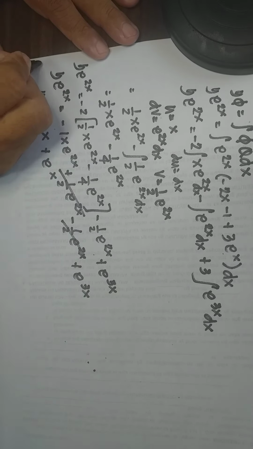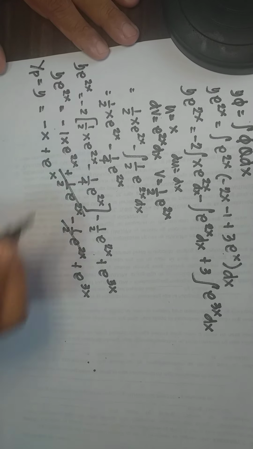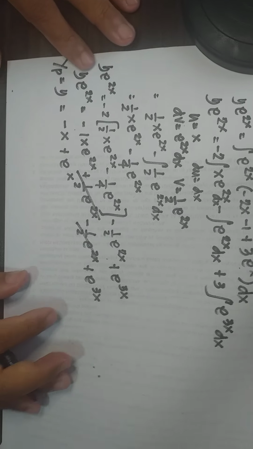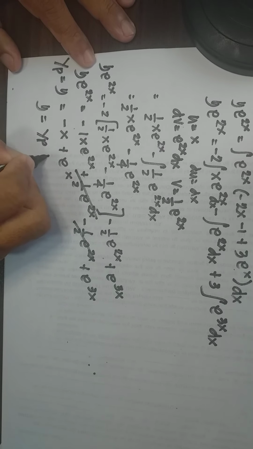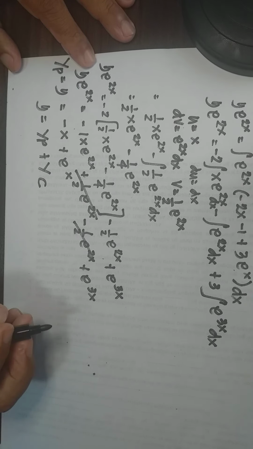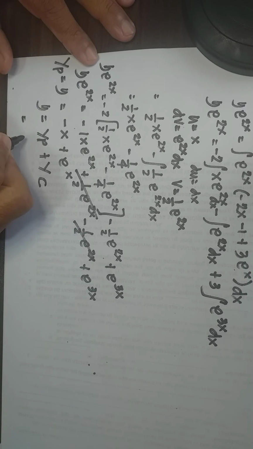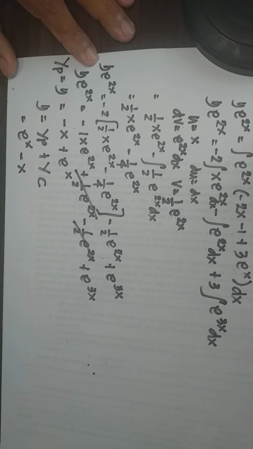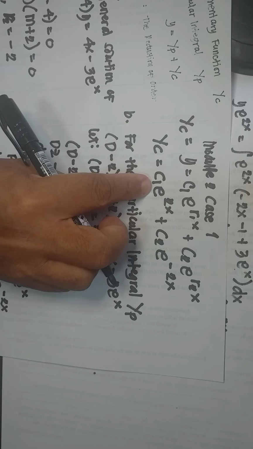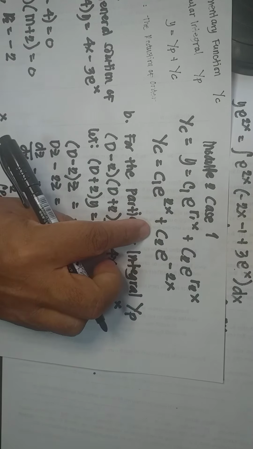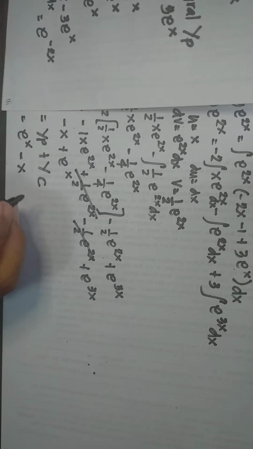But this is also your yp. Okay? The solution, therefore, y is equal to yp plus yc. Your yp, rearranging, is e to the x minus x plus yc. But what is yc? Module 2, case number 1, we have yc is equal to c sub 1 e to the 2x plus c sub 2 e to the -2x.